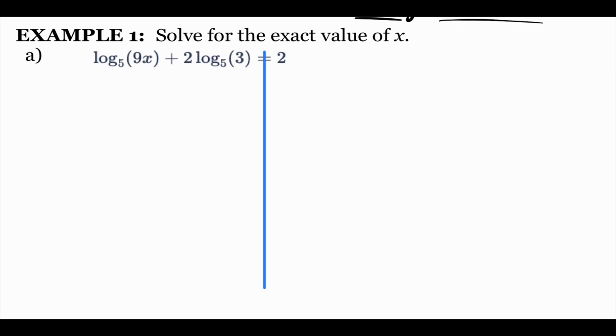When we condense, the first thing we always do is power. Is there a power I need to move back for 1a? There is, right? What's the power? 2. How do I know there is a 2? If there's something in front of a log, that means you need to move it back. So where does it go? It goes up here. So 3 squared.